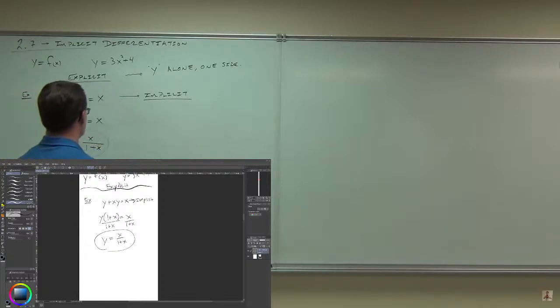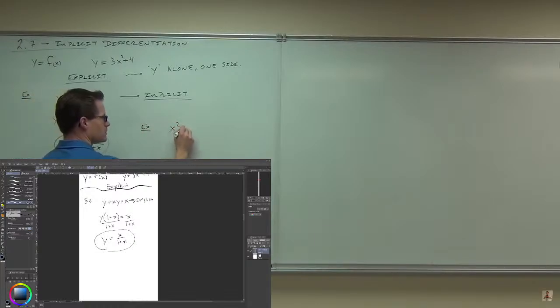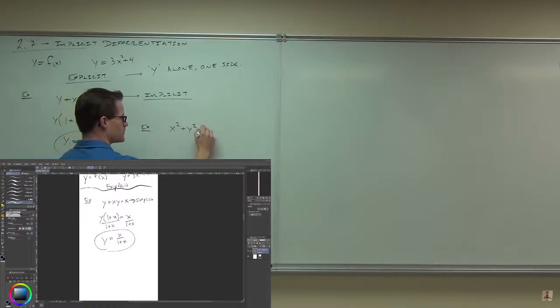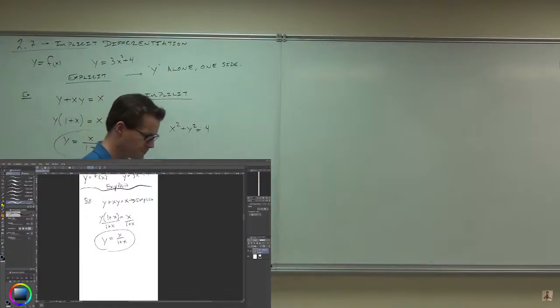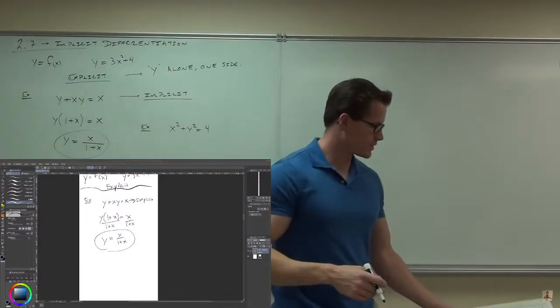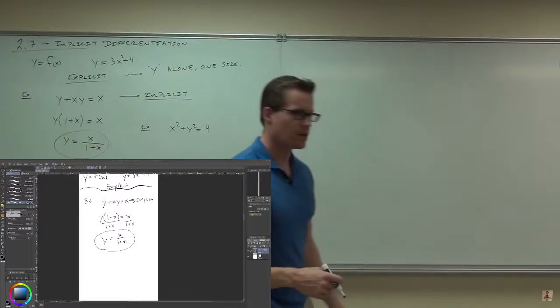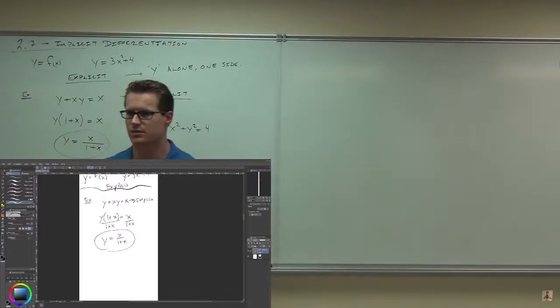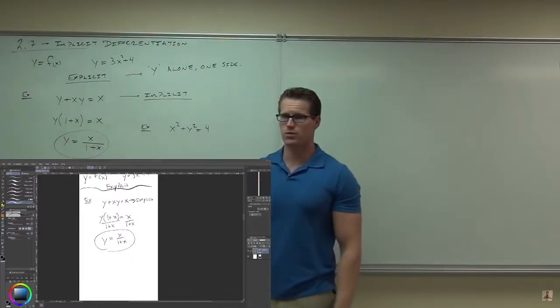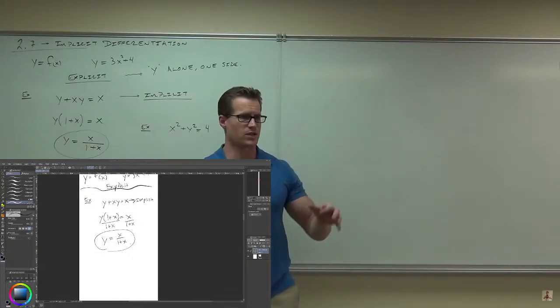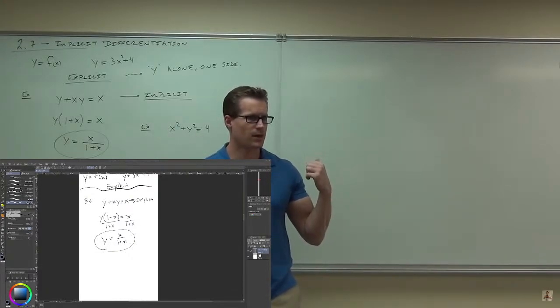How about this one? Let's see if you kind of get the idea. Would you say this is implicit or explicit? Implicit. Explicit would have y equals. Implicit would have y's and x's all mixed up. Could you solve it for y?